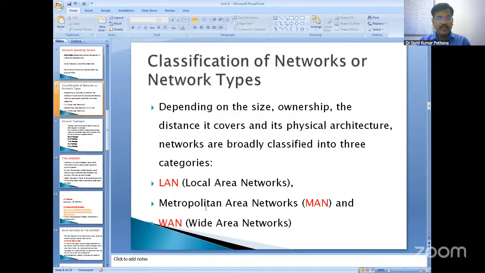Number one, LAN, that is, local area networks. Number two, metropolitan area networks, MAN. And number three, wide area networks, that is, WAN. Dear students, we will learn about each type of network clearly.